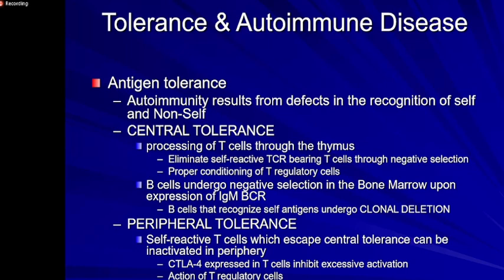The B cells, very early on during the development, start expressing the mu or IgM, immature IgM B cell receptor. And remember, the B cell has B cell receptor, which is a surface-bound immunoglobulin.